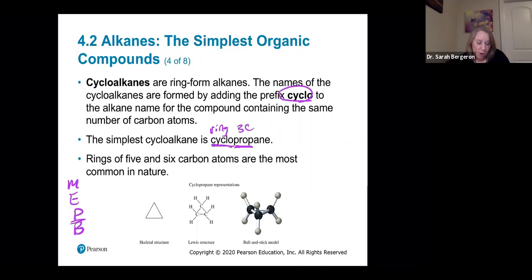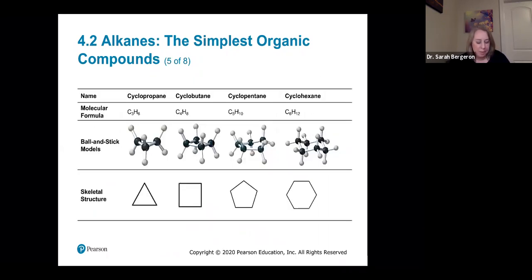And ane, A-N-E, tells us that we're saturated, so we have only single bonds. So you can look at the name and get a lot of information out. You see a lot of 5 and 6 carbon rings in nature. They're super, super common, so it's important to be able to recognize them and name them.